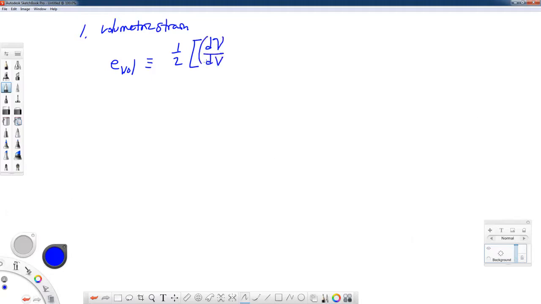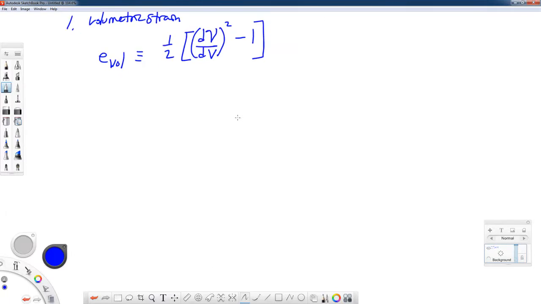You can have 1/2 times dV-script over dV squared minus 1, where dV-script is the volume in the new configuration for our point, the neighborhood of that, and dV is the volume in the original configuration.